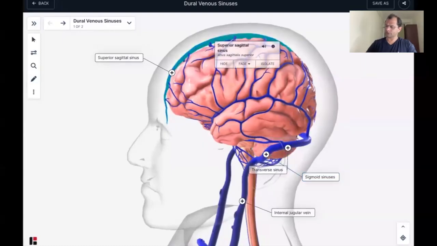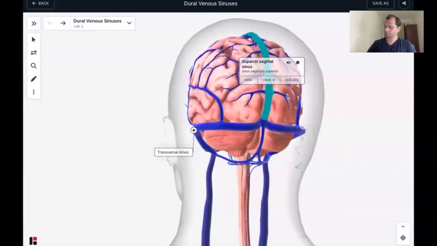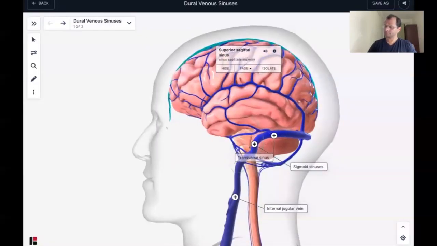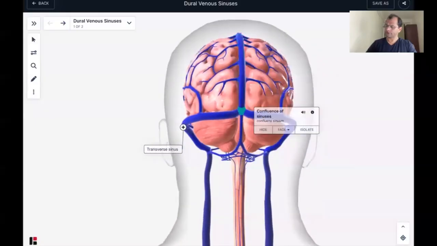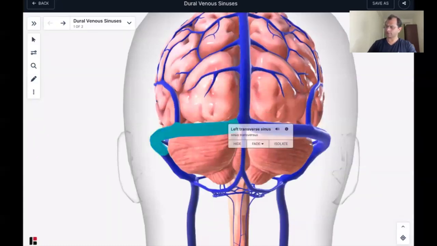There's the superior sagittal sinus on the top, the inferior sagittal sinus hidden inside, and the meeting point, the confluence of the sinus. Then from the confluence of sinus, we can see the right and the left transverse sinus.